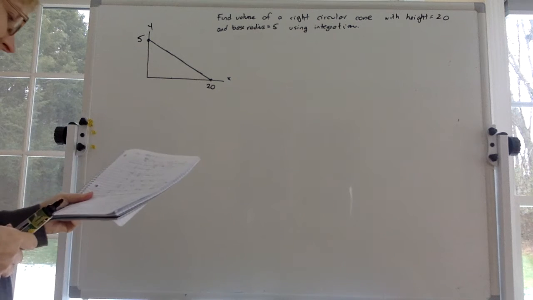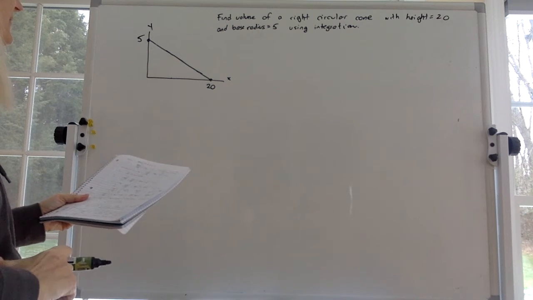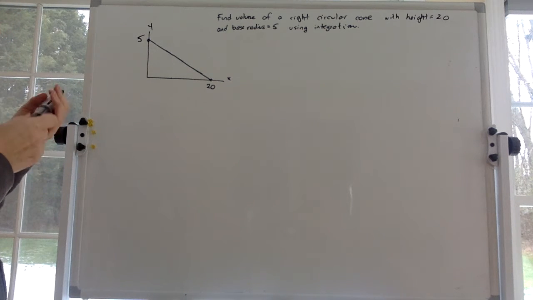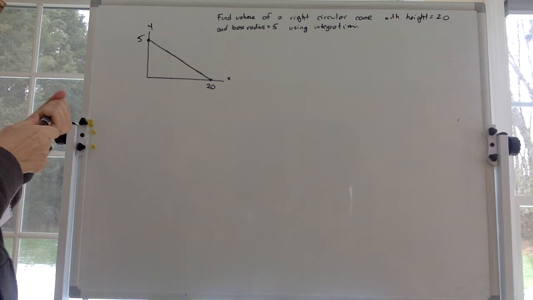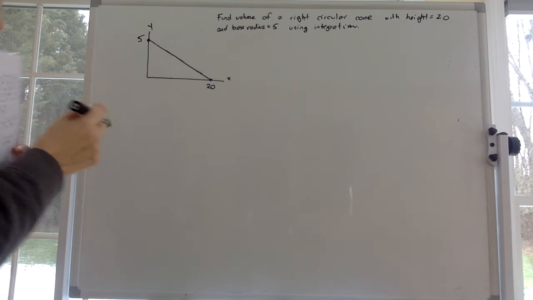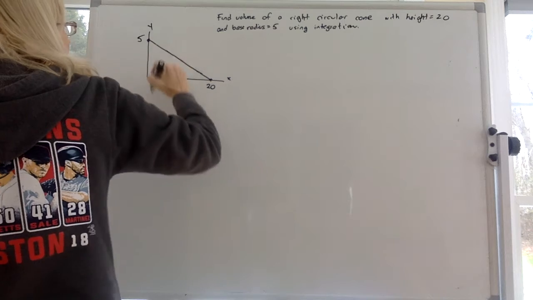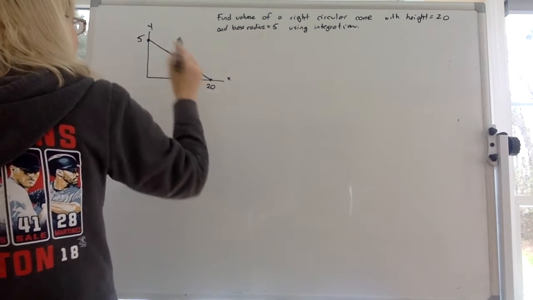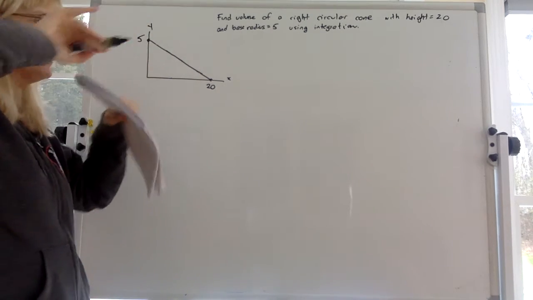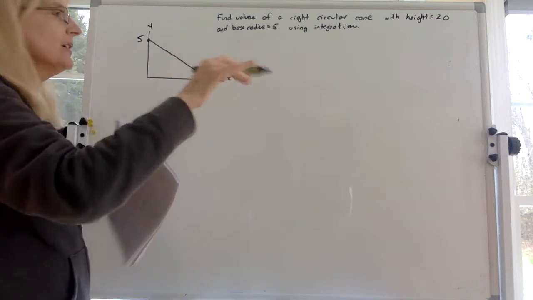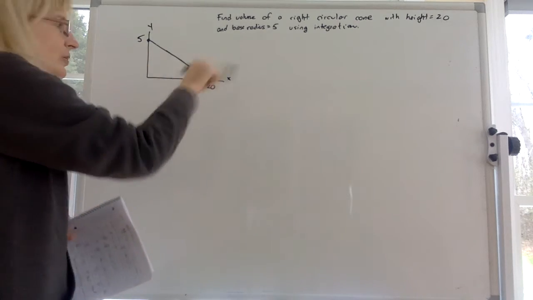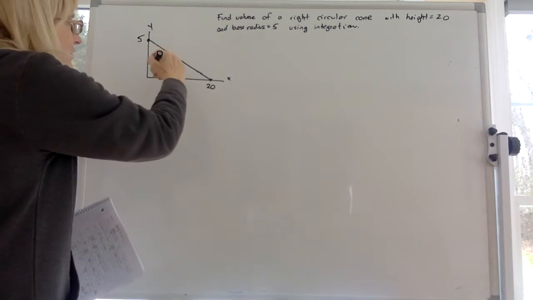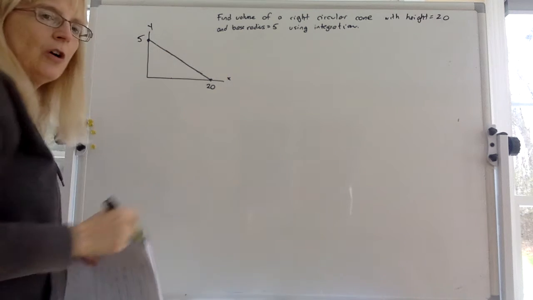Okay, so we want to find the volume. So how do we find the volume of this cone? Well, I think we could think of this as a bunch of disks, and if this is rotating around, if you look at it head on this way, you see circles, circles, circles, disks, disks, disks, a bunch of disks, all add up to this cone.